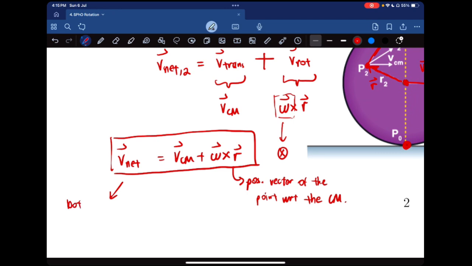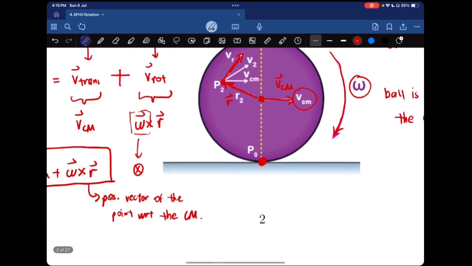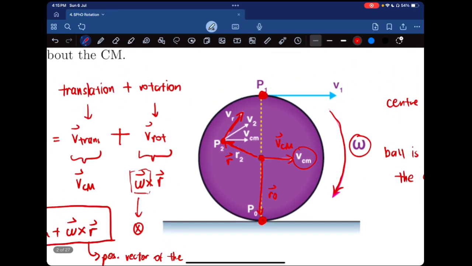So if you look at the bottom of the ball, which is P naught, then your V net will just be VCM plus omega cross R naught. Your R naught points like that. Your R1 points like that.